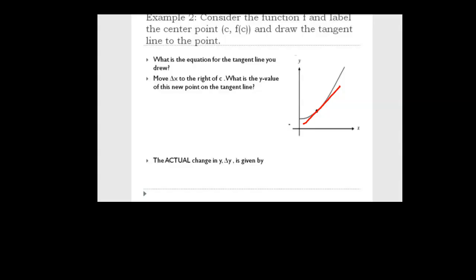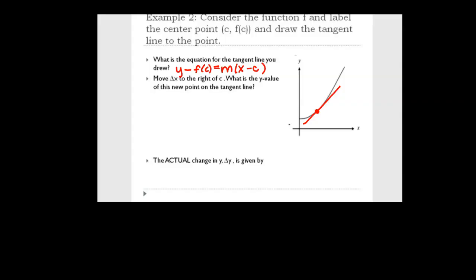Essentially the equation of that tangent line would be the given function y minus, and again, just go back to the equation of a tangent line, right? It's y minus the point it goes through, which was my y1, which in this case is f of c, equals m, the slope of the red line, times x minus c.